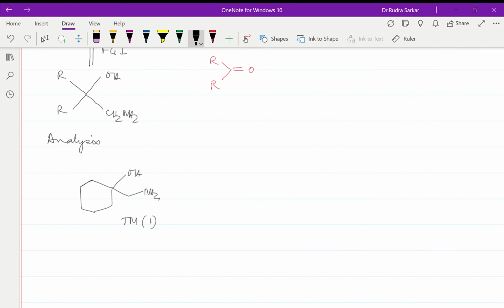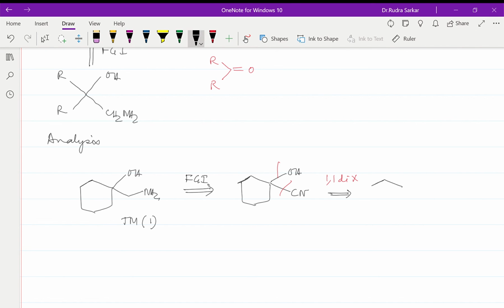So as I have discussed, we will convert a CH2NH2 into a cyanide, and for that we are doing functional group interconversion, and then let's disconnect using the 1,1 DIX.